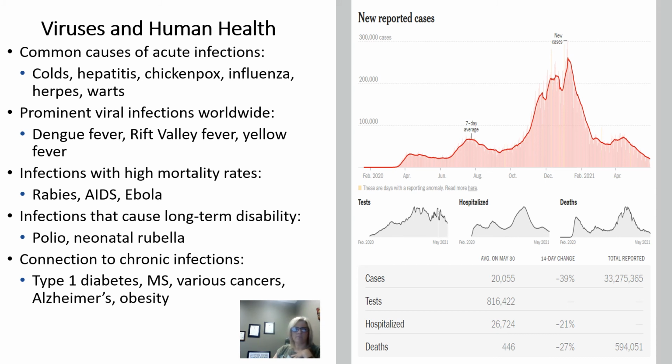There we go. All right, so new cases here. This is February of 2021. And then it's gone down here. We know that I believe it went back up for a while. And so they do go up and down. All right, and then so here's some hard numbers on that data as well.